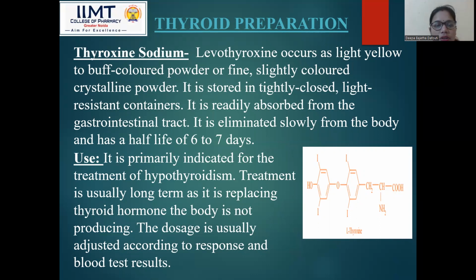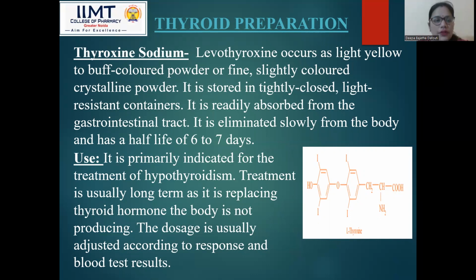It is stored in tightly closed, light resistant containers. It is readily absorbed from the gastrointestinal tract. It is eliminated slowly from the body and has a half-life of 6 to 7 days.